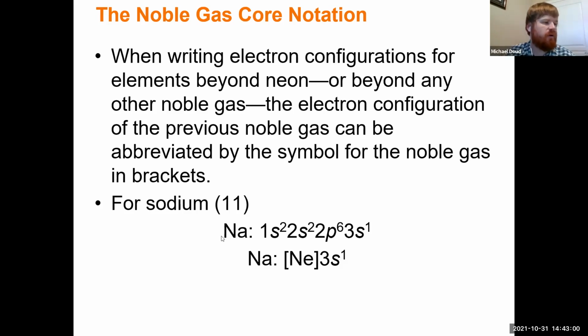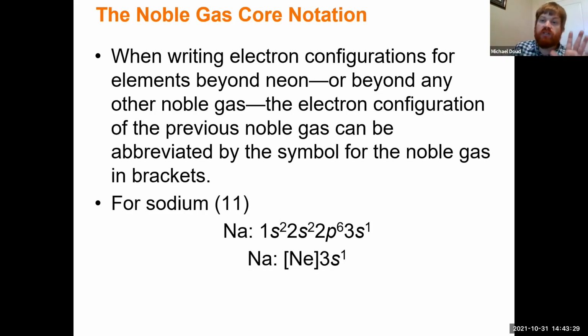Sodium is element number 11, so that's just one electron extra from neon. Sodium you could write as 1s2, 2s2, 2p6, 3s1. But these 10 electrons are just the same as neon. So instead we put the neon in brackets, the noble gas, and then write the valence electron, 3s1, as the only notation that we really have to write.